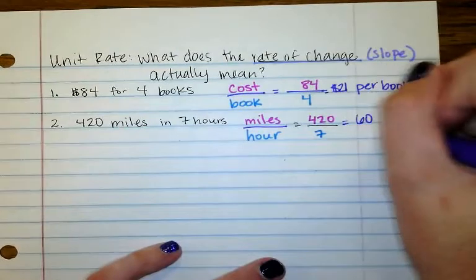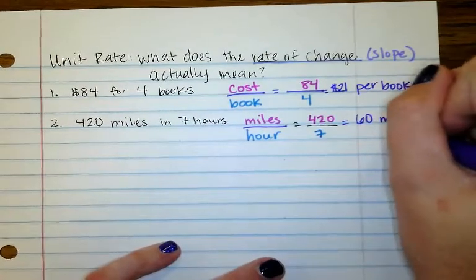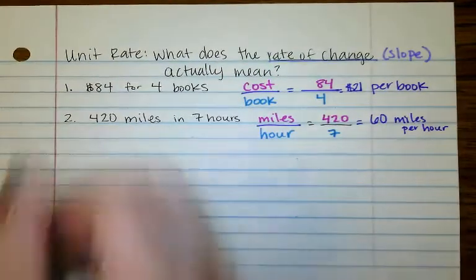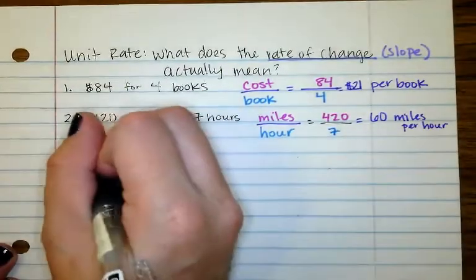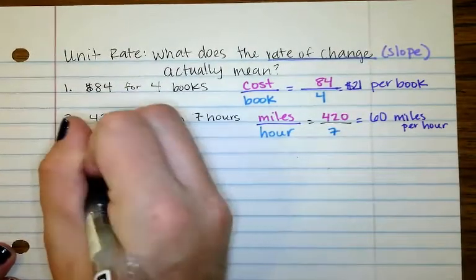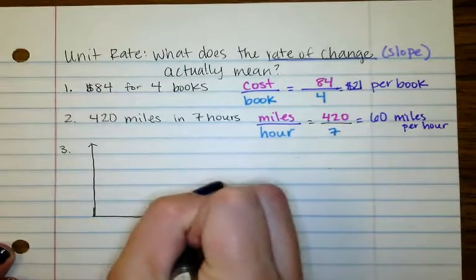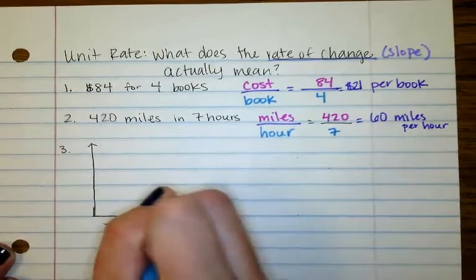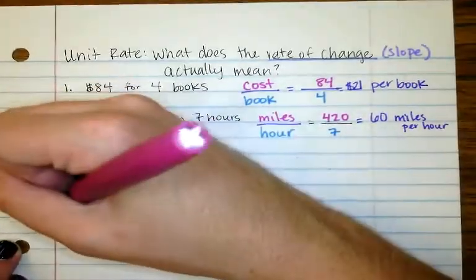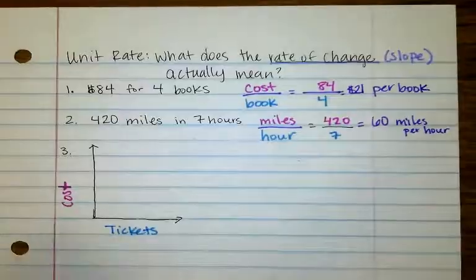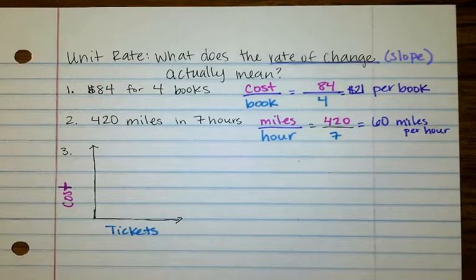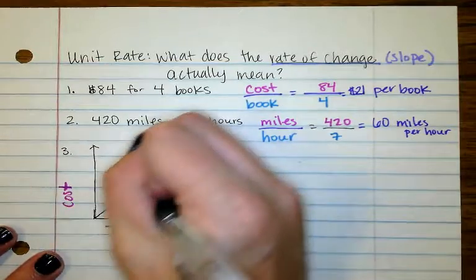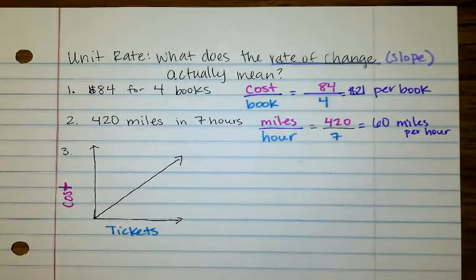Okay. If we just look at a couple little graphs here, sometimes they'll give you a nice little pictograph and they're like, what does this actually mean? So let's say they tell you that we are going to write a graph of ticket sales, the cost of tickets over a certain period of time. I'm going to draw a fake little thing. Well, what would be my unit rate here? The cost per ticket.